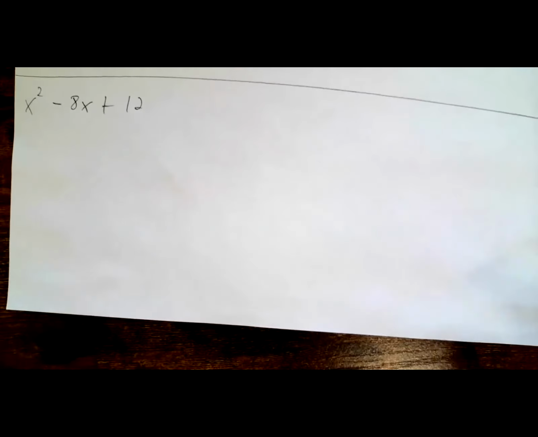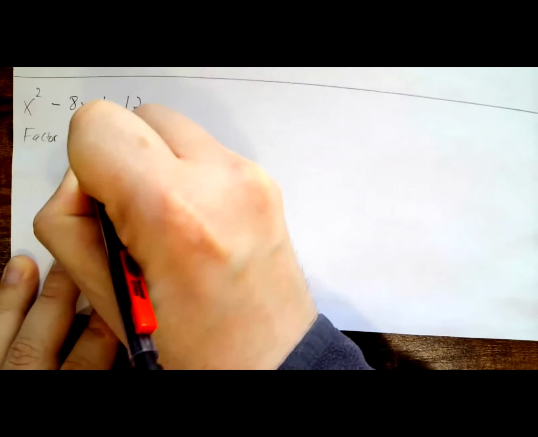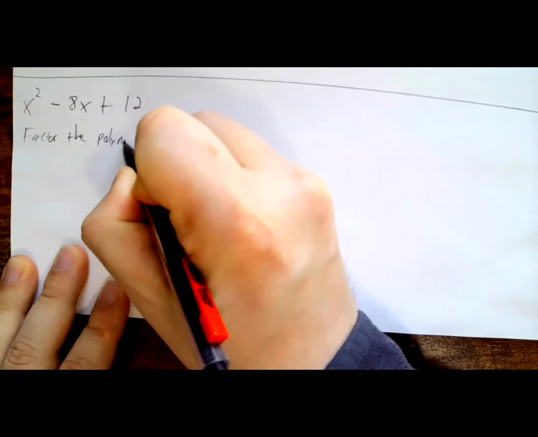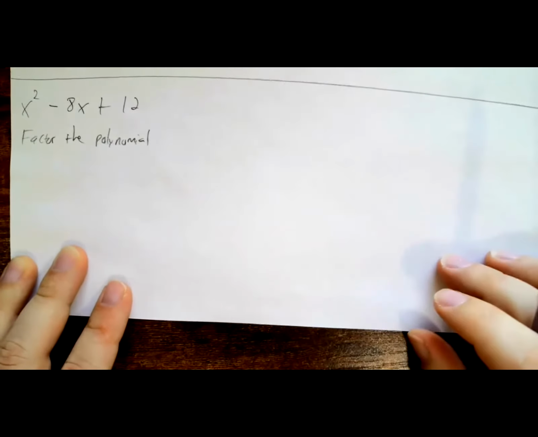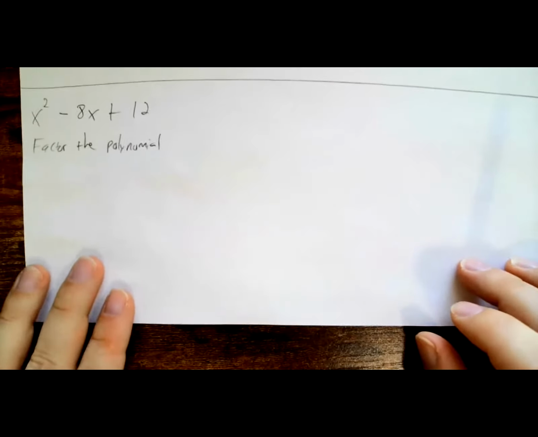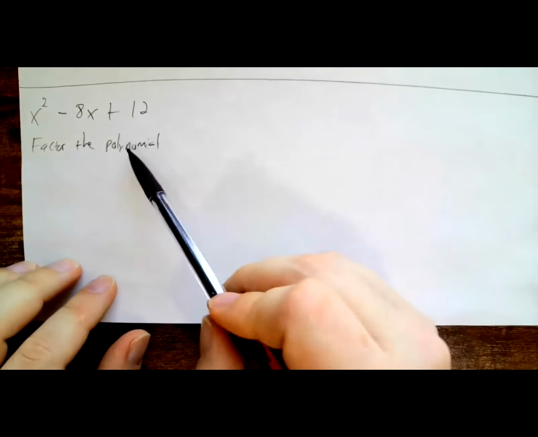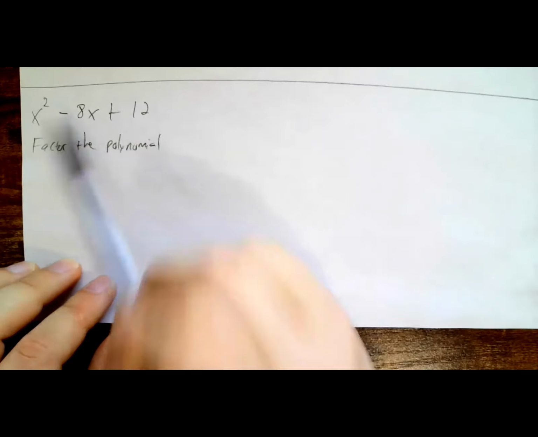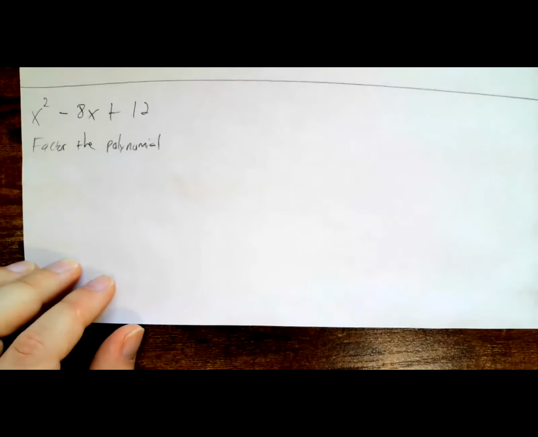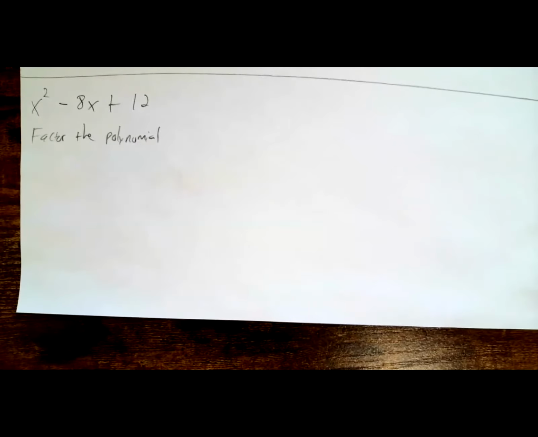I'll just give you the problem and say factor the polynomial. But I will say in words that you'll need to find two numbers that multiply to 12 and add up to -8. So take a moment and work on that, and I'll check in.